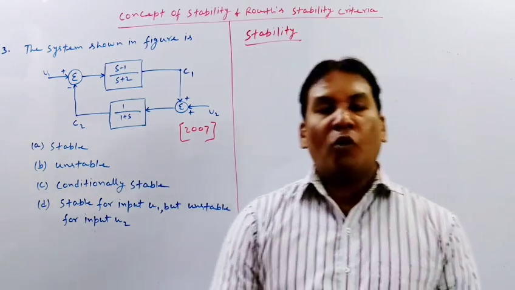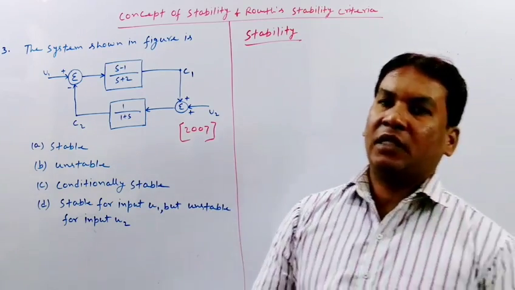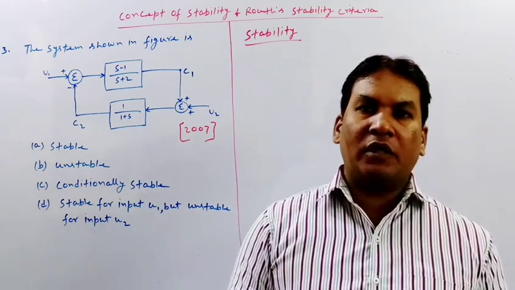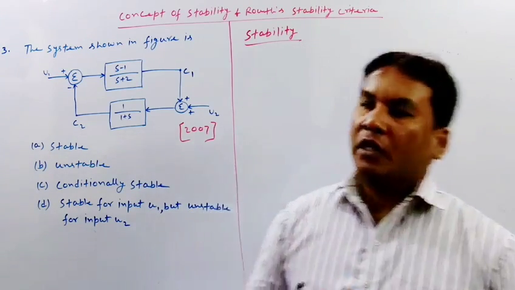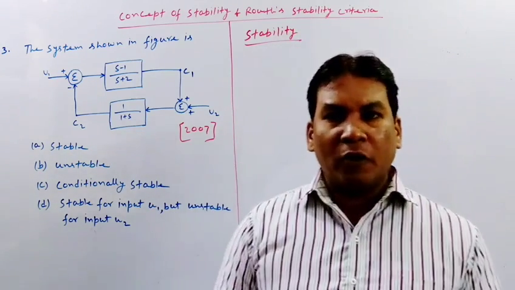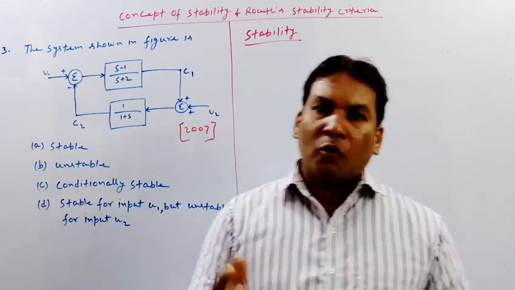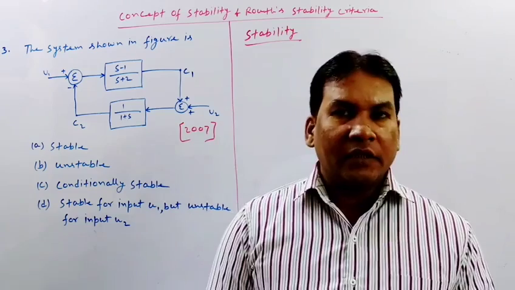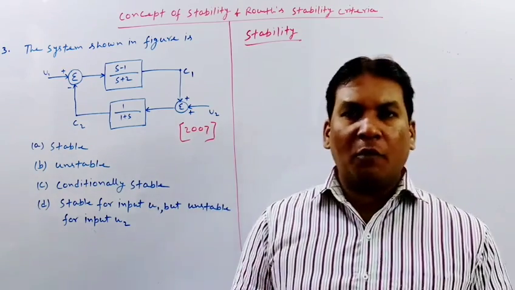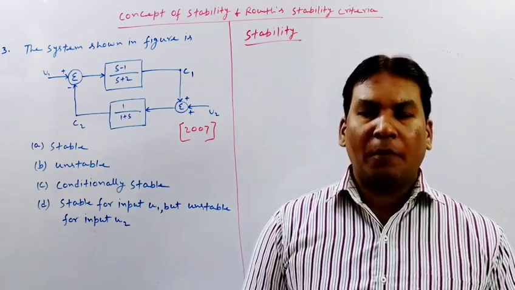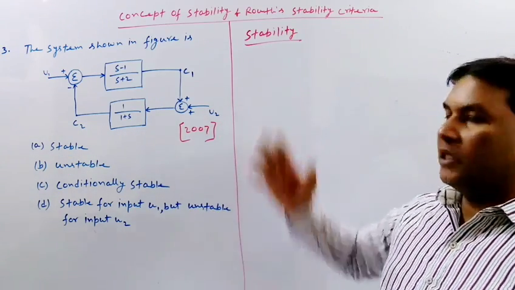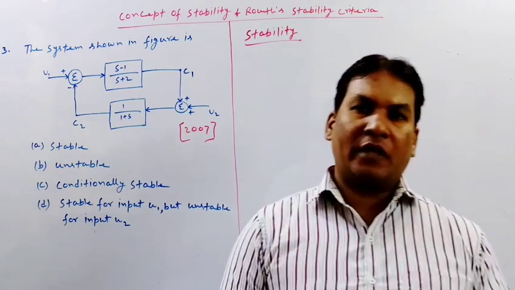The most basic criterion for determining the stability of a system is Routh's stability criterion, also called Routh's Hurwitz criterion. This is a time domain approach. Other time domain approaches are the root locus technique, and the frequency domain approaches are the Nyquist stability criterion, Bode plot, etc.